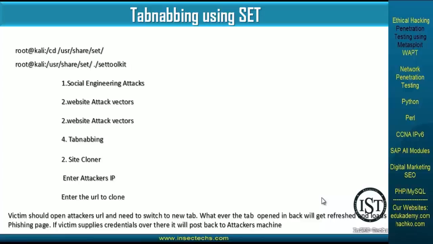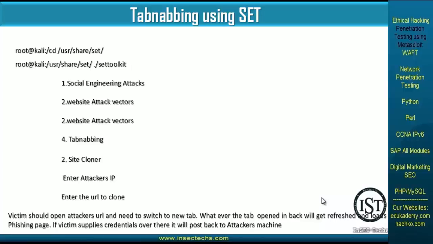At this moment what you need to do is share this particular URL, the attacker's URL, with the victim. Let's say that I have opened this particular IP address, 192.168.159.134, on my browser. In the meanwhile I may also open some other browser.